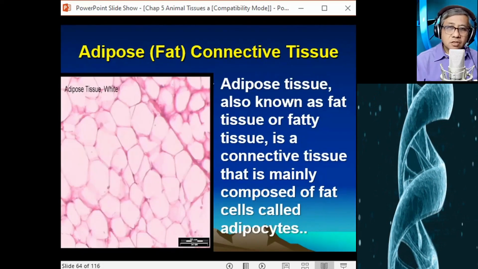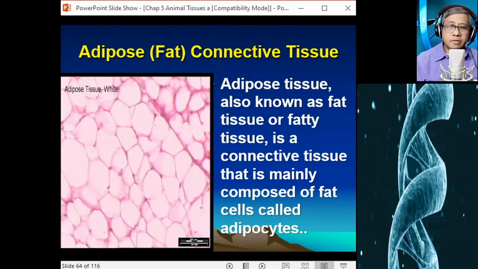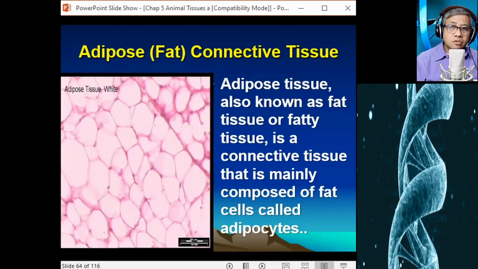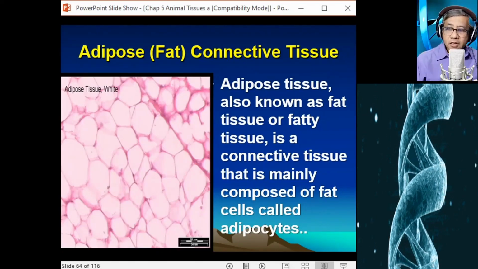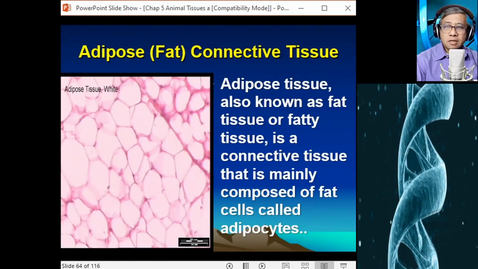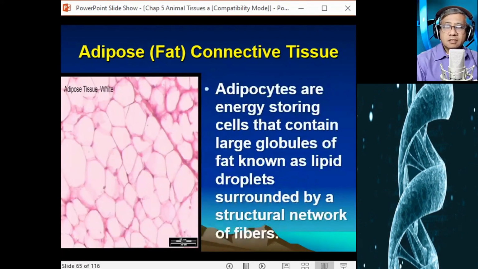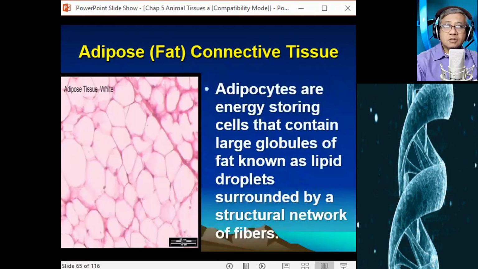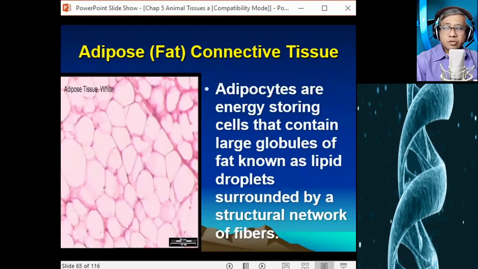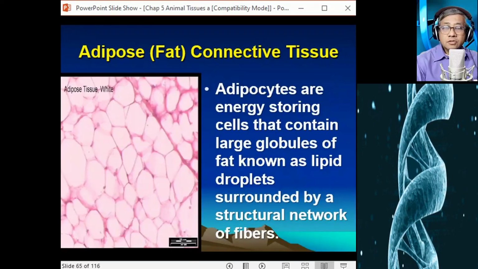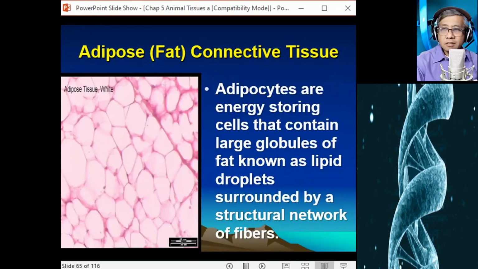As you could see in our photomicrograph of this type of tissue, the cells that comprise it are called adipocytes. Adipocytes are energy-storing cells that contain large globules, large vesicles.